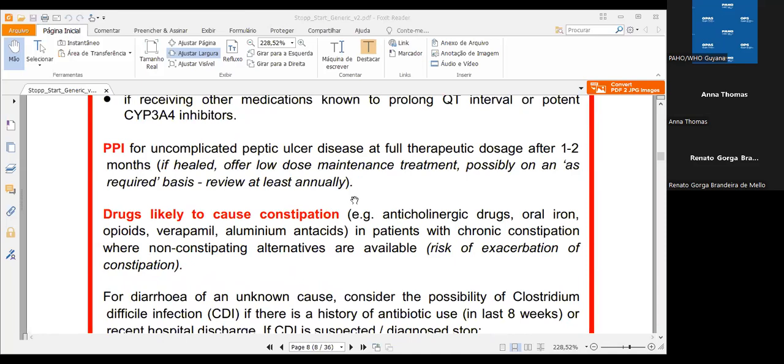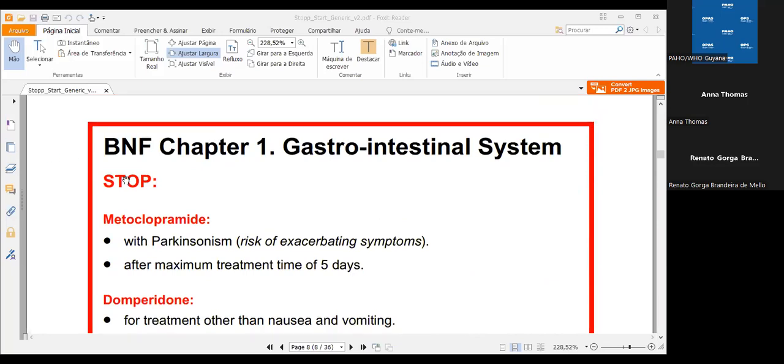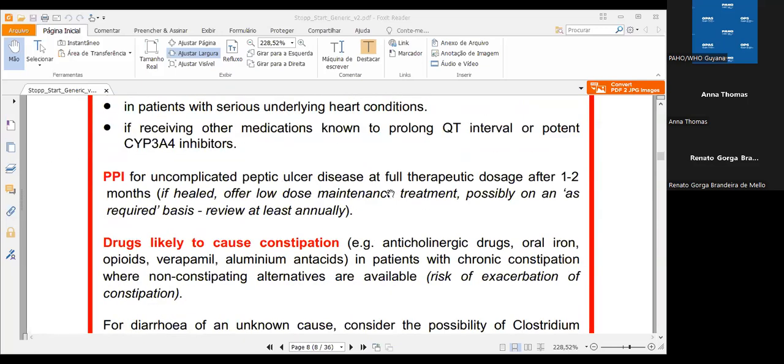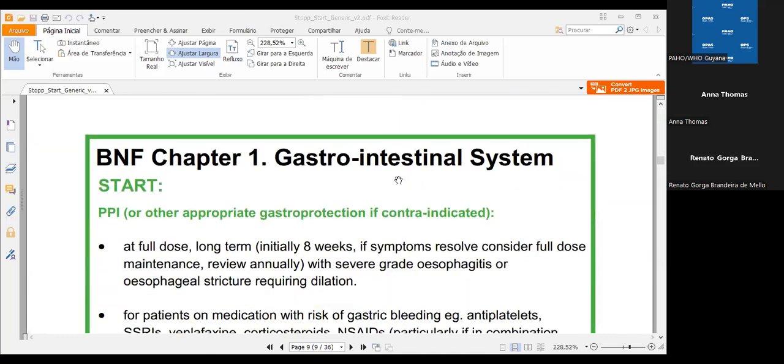These are the stop criteria for gastrointestinal system. Let's take a look at the start. Gastrointestinal system start. PPIs.